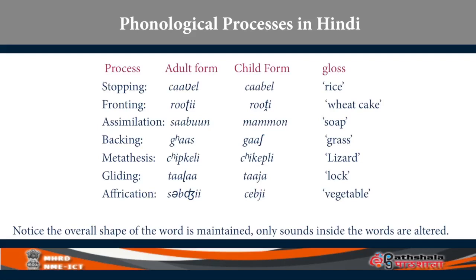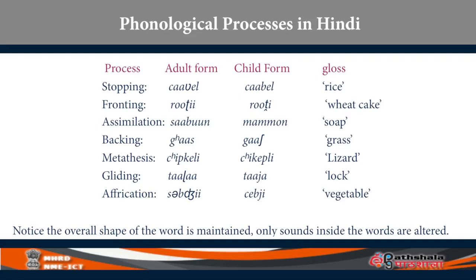So there's a reversal of the order of the phonemes within words. Gliding: tala, lock. The child is saying taya. La, the retroflex lateral, is replaced by the semi-vowel ya, taya, which is simpler. So it's called gliding. Ya is a glide, therefore the phonological process is called gliding.